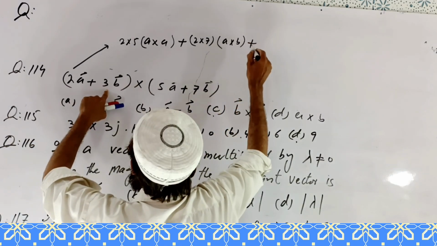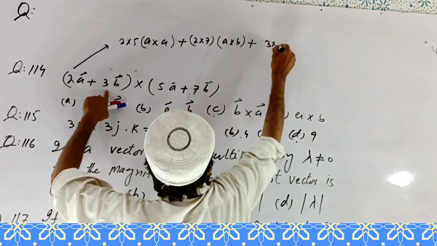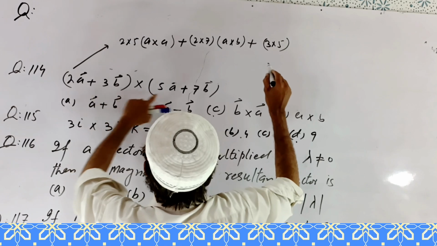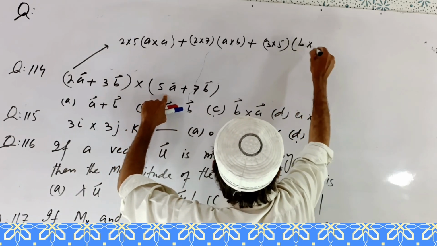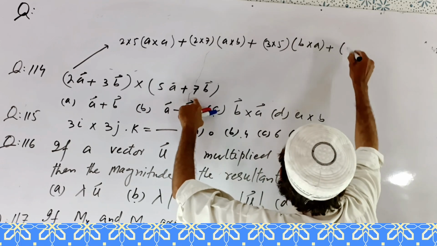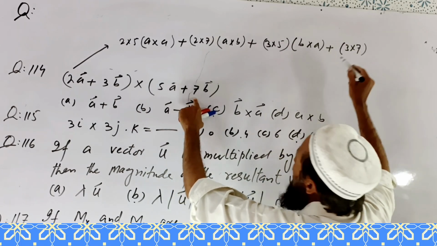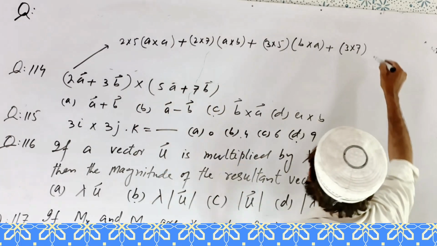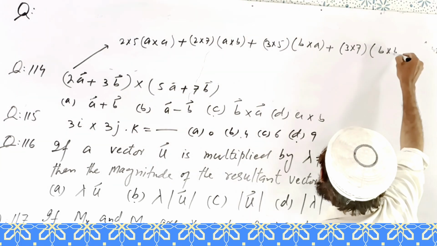Now plus 3 multiplied by 5, b cross a, plus 3 multiplied by 7, b cross b.